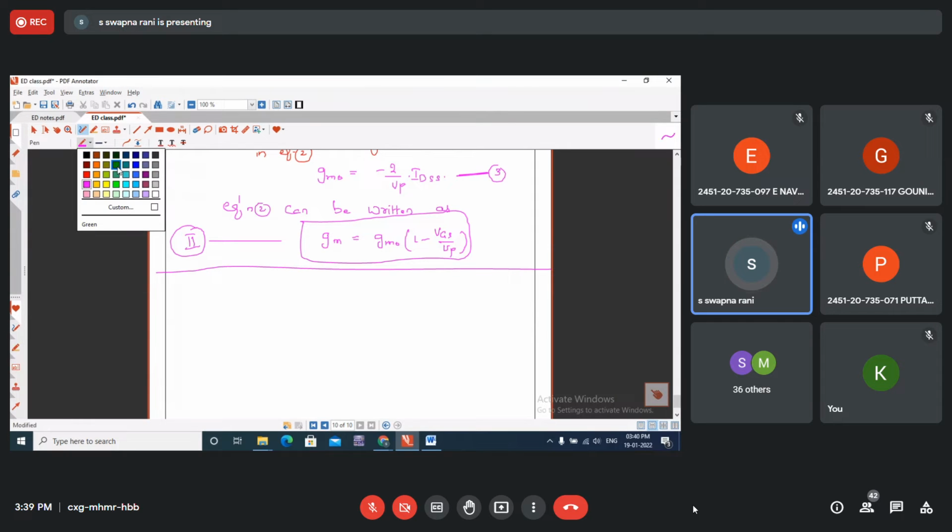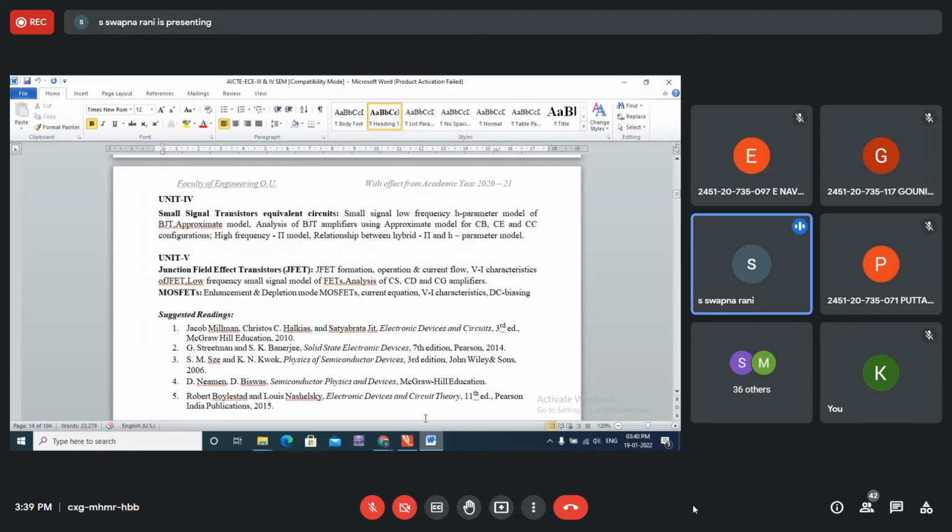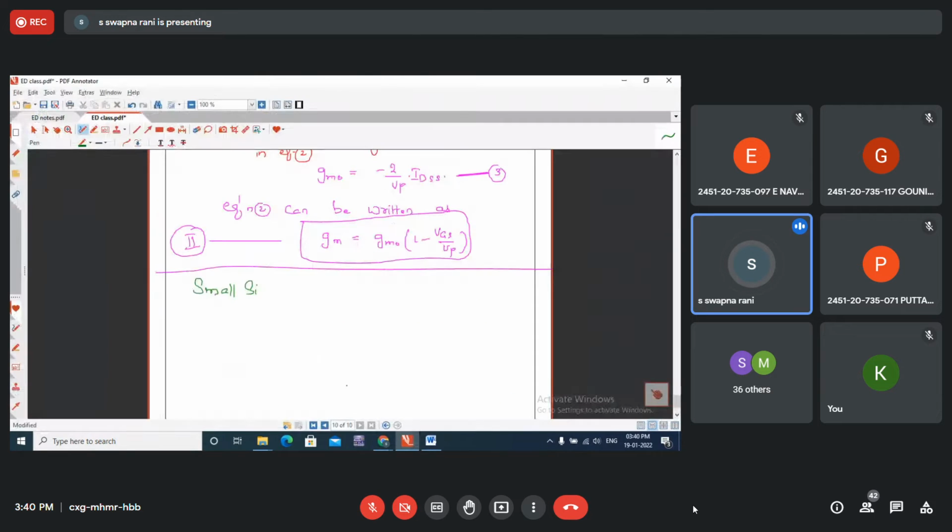Now we will discuss a small topic, the small signal. In the fifth unit, we have JFET formation, operation and current flow, VI characteristics of JFET, and low frequency small signal model of FETs. Now we will discuss the low frequency small signal model of FET.